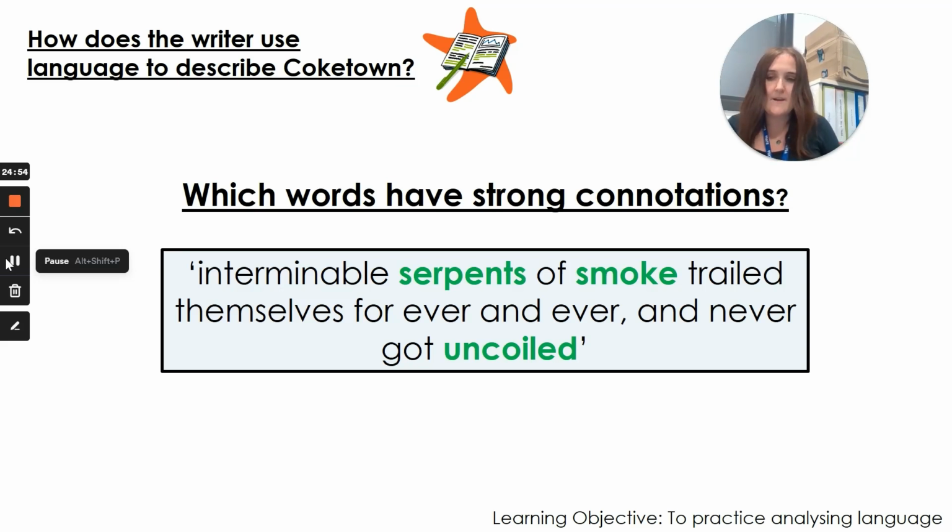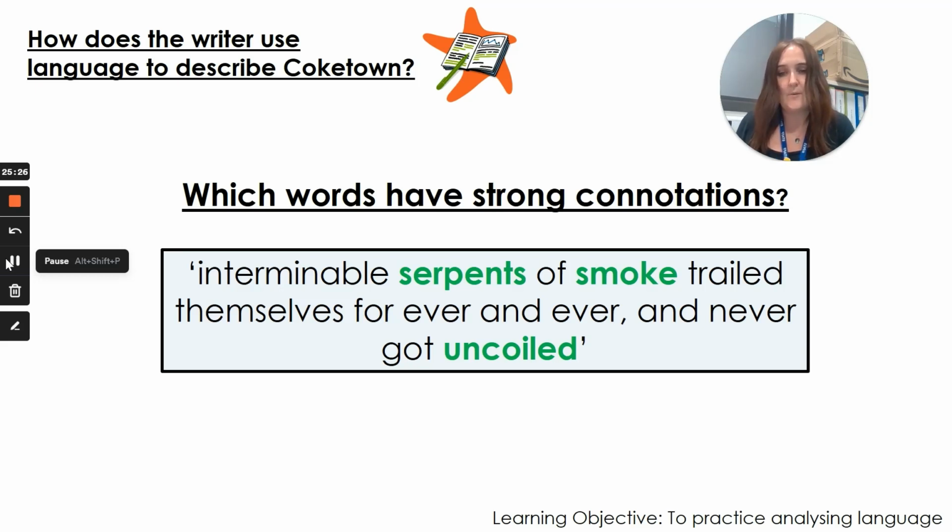Now, potentially, some of you may have written down interminable. However, interminable means something that won't stop, and so it's probably quite likely that you're thinking the connotations of interminable is kind of something that's unstoppable. Maybe potentially relentless. So if you did highlight that, I think it's okay, but it's better to choose something where a connotation isn't that closely linked to the exact meaning of the word, because you don't want to fall into the trap of saying that it has a connotation of something that it actually means.